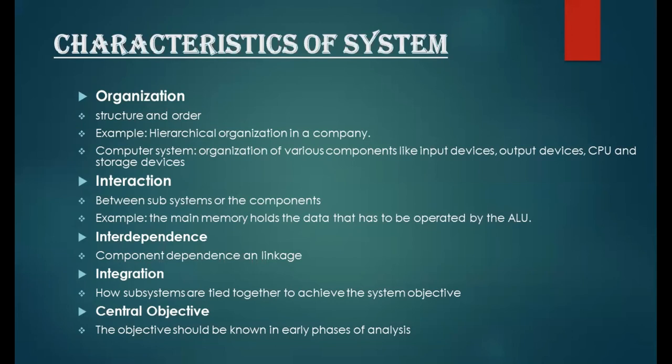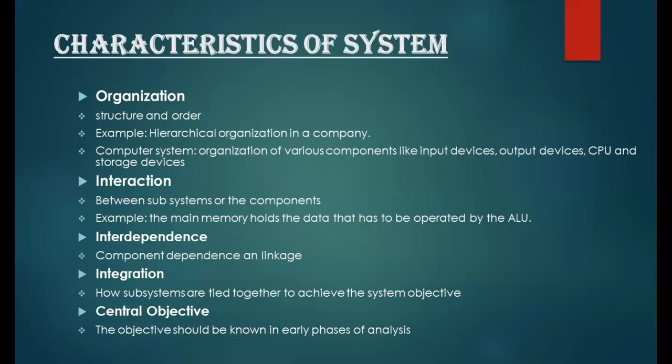Now, characteristics of a system can be in different forms. First we have the organization. When we talk about a system as an organization, we are talking about what exactly the components are and how they are organized. The organization of these components may be manual or a technical kind of system.